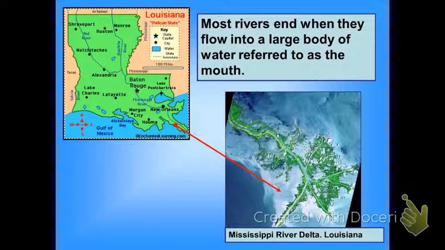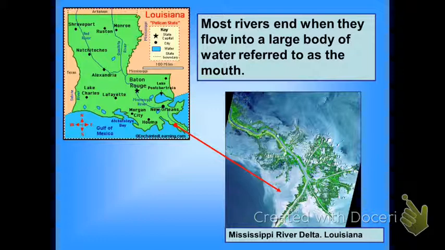So right here is a picture of the Mississippi River Delta. This is at the tip of Louisiana. All this sediment from all up the Mississippi River has to be dropped off somewhere. And there are places throughout the river where it gets dropped off. Don't get me wrong. But most of it, or a lot of it, will travel down to the end of the river. It will create new land at the end.